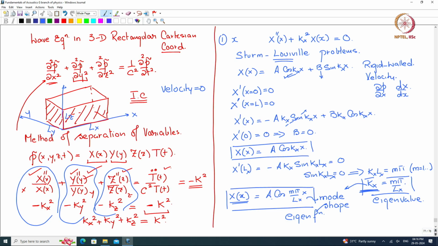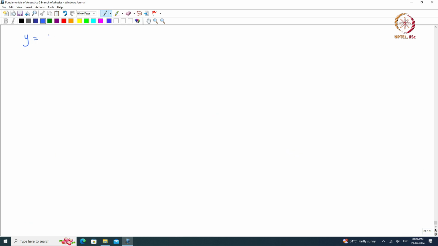I will call this ax, bx and so forth, otherwise I will very quickly run out of alphabets. Okay, Y of y becomes ay cos of n pi by Ly into y, again n going from 1 onwards.